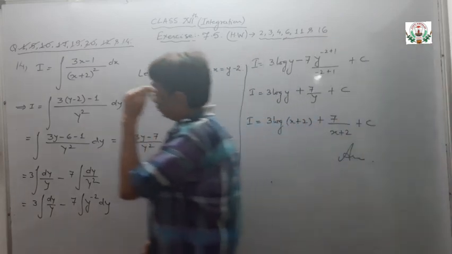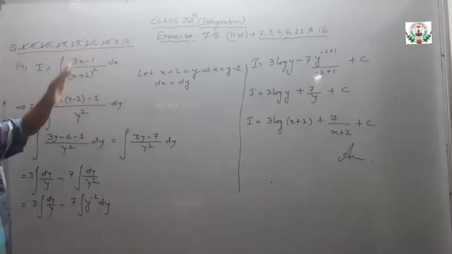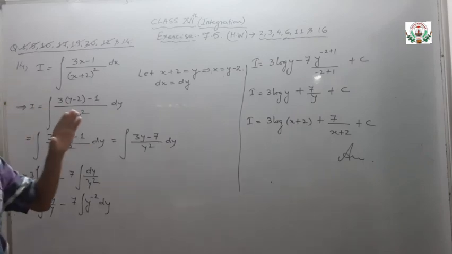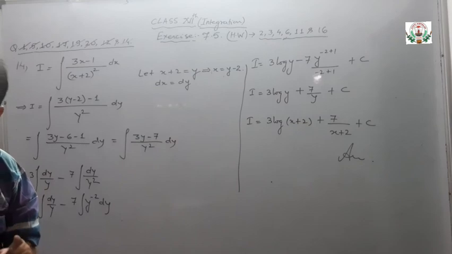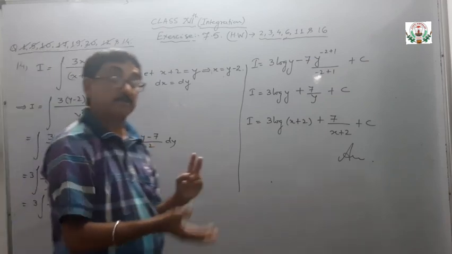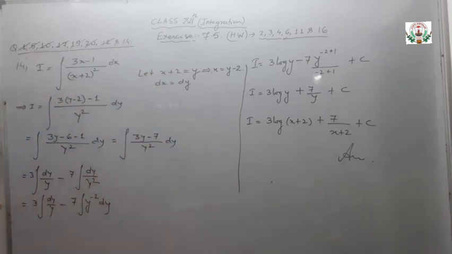Now today I have explained to you 8 questions. First was the variety of non-repeated linear factors. The second variety was assuming the function as t and converting it to non-repeated linear factors in terms of another variable t.